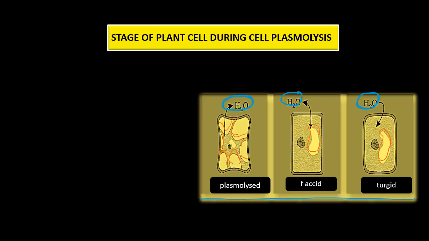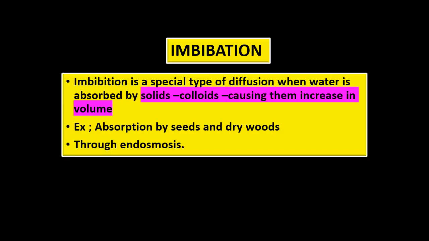Next, you see here a plasmolysed cell, a flaccid cell and a turgid cell. Imbibition. What is imbibition? Imbibition is a special type of diffusion, when water is absorbed by solid colloids, causing them to increase in volume.